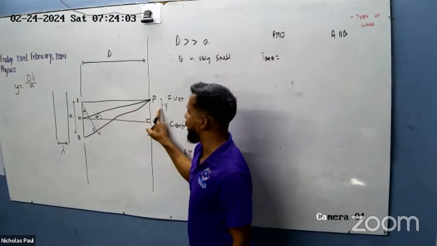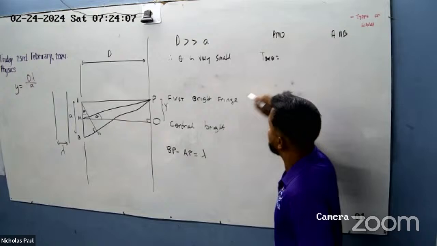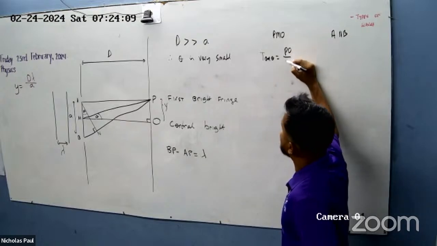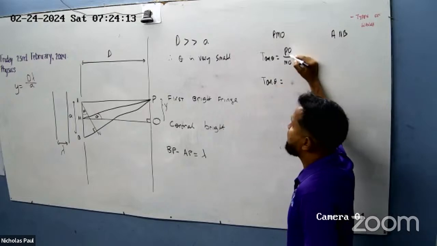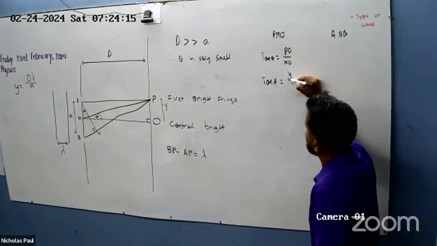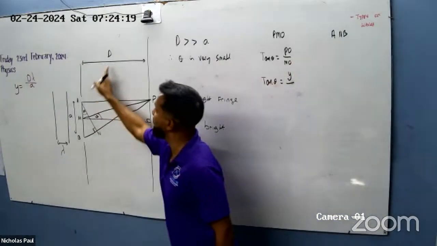Tan theta will be opposite over adjacent, so it will be PO over MO. What is PO? And MO is what?